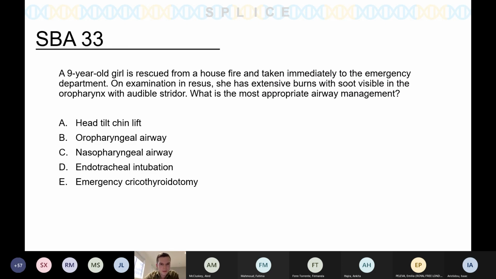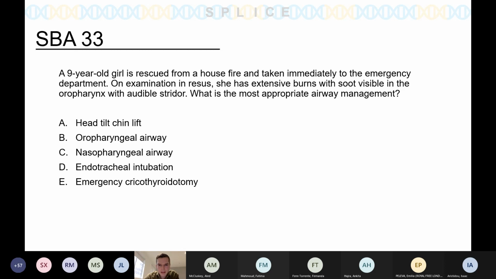We've got another one. Those of you who put inhalational burn earlier might like this question. And this really is a UCL question.